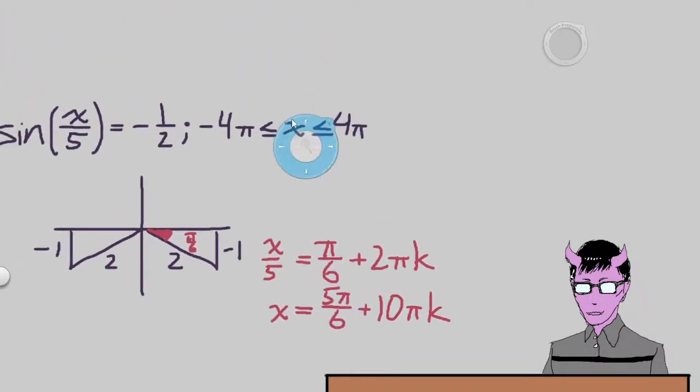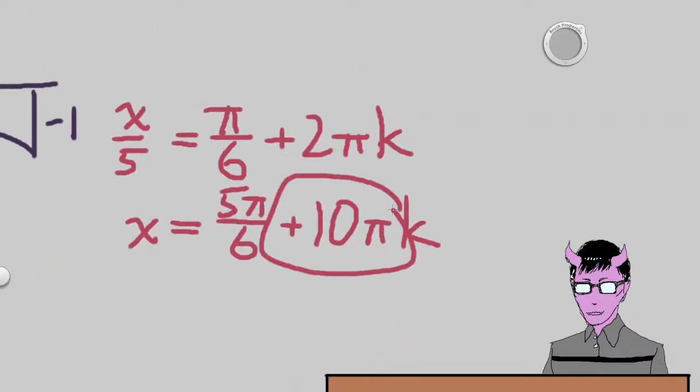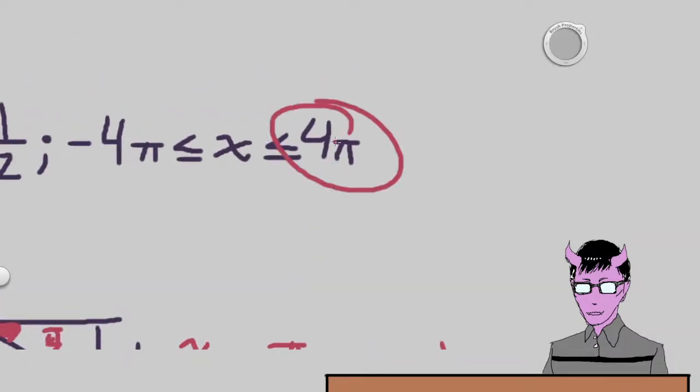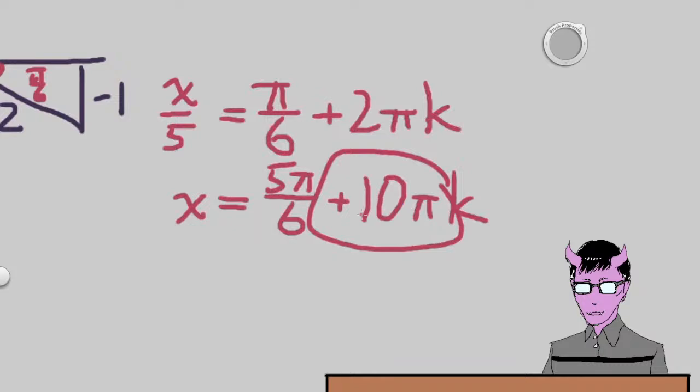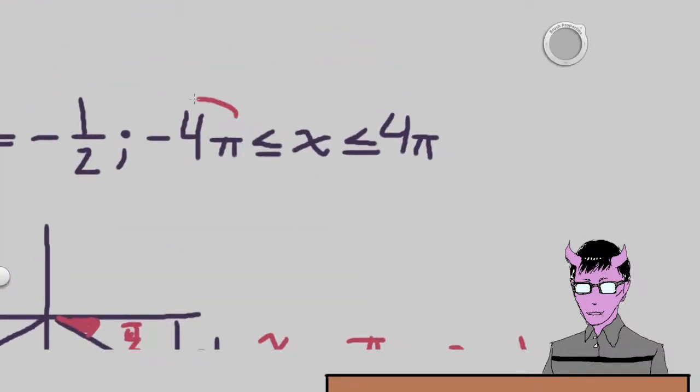So let's consider our domain restrictions. The domain restriction is up to 4 pi. If we're adding increments of 10 pi, this one right here will take us well out of the domain restriction. So we don't need to add any positive 10 pi's. What about subtracting 10 pi's? If k is a negative value, that will still take us past the other wall barrier in the other direction.